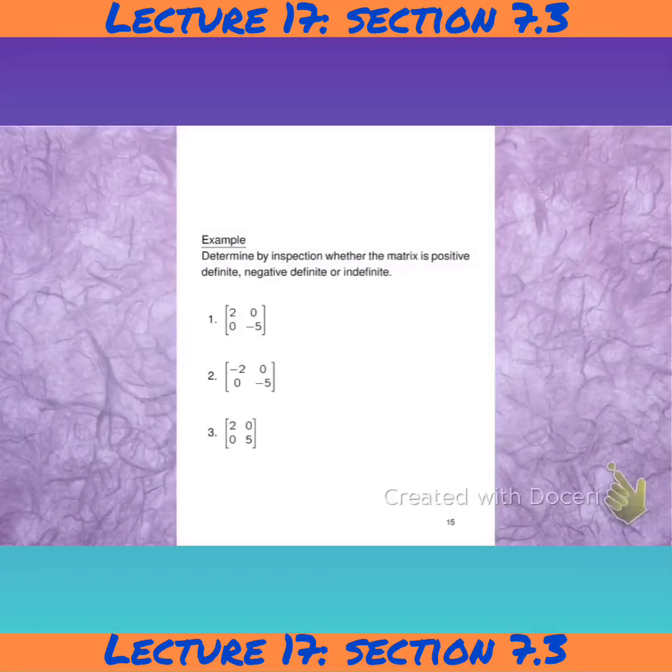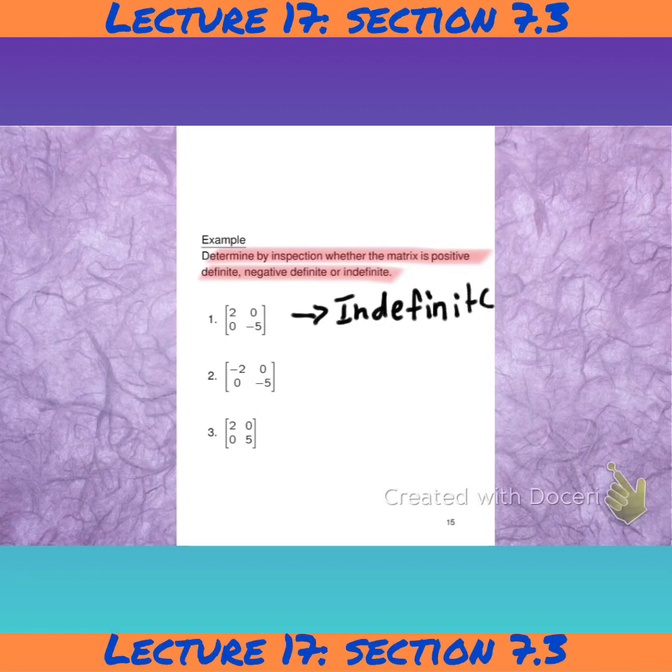I'll just quickly determine by inspection whether the matrix is positive definite, negative definite, or indefinite. Now the first matrix has one positive eigenvalue and one negative eigenvalue. So that's indefinite. Right, the second one has got two negative eigenvalues.